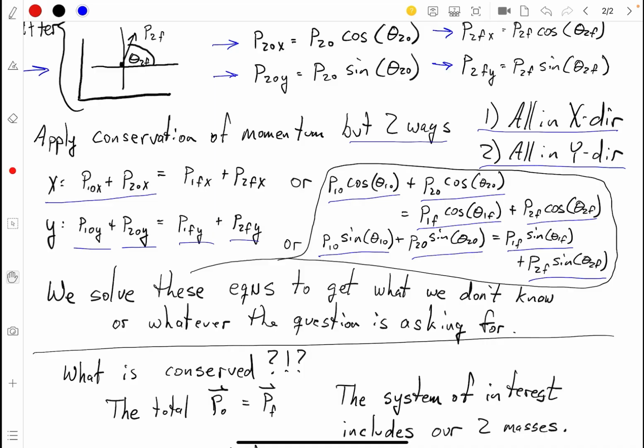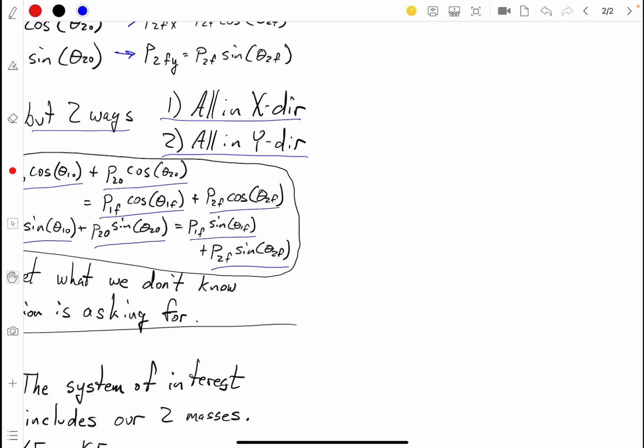What is it that we need to know? Let's come on over here and talk about what we need to know. We need to know M1, right? So that's probably given. Here, let's write givens here. And we'll say M1 is given. M2 is given.